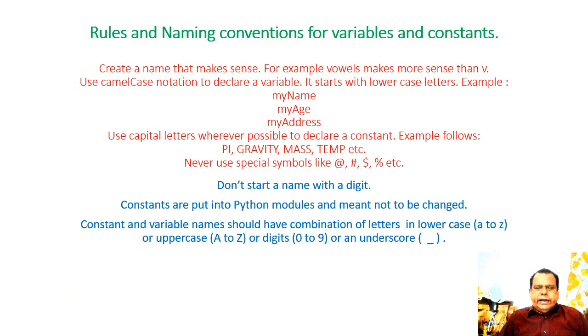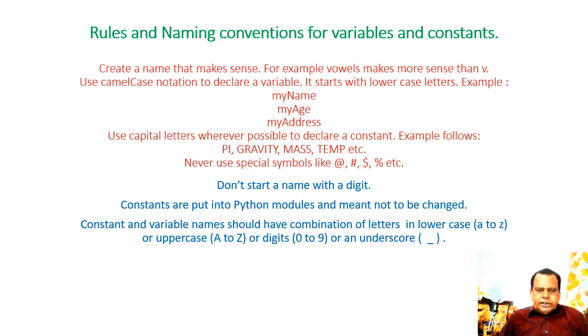Rules and naming conventions for variables and constants. Create a name that makes sense. For example, vowels makes more sense than simply V. Use camel case notation to declare a variable.